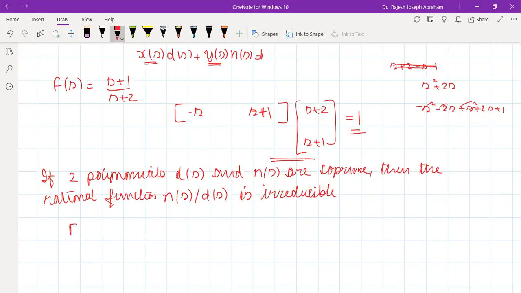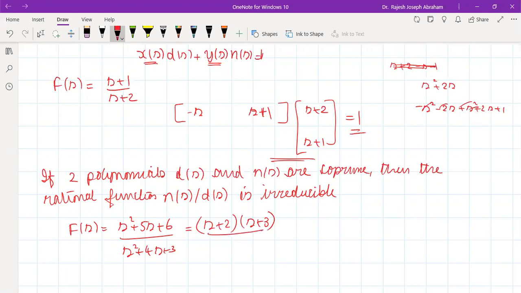Okay, consider another example: S square plus 5S plus 6 divided by S square plus 4S plus 3. What can you say about this thing? Are N of S and D of S co-prime? How can we write this? S plus 2 into S plus 3. Okay, and how can we write this?